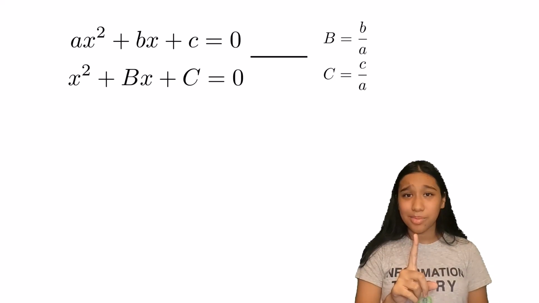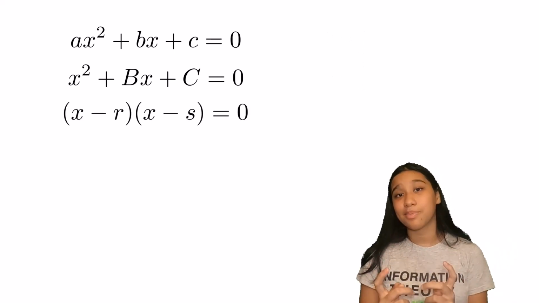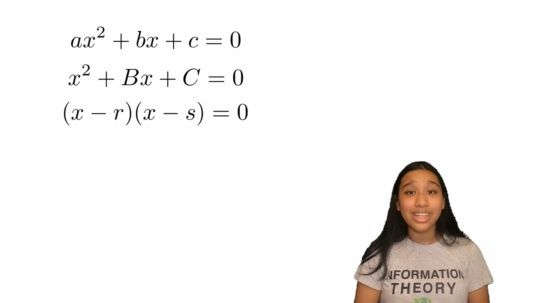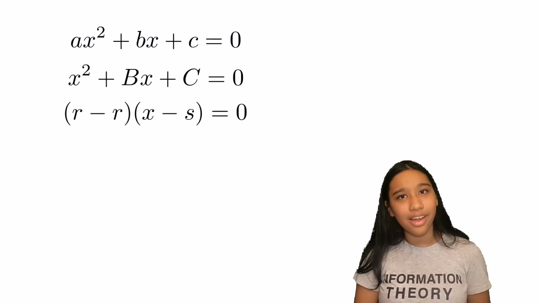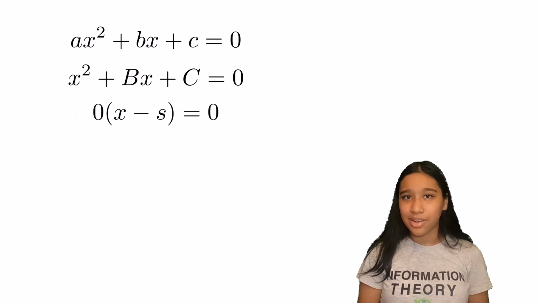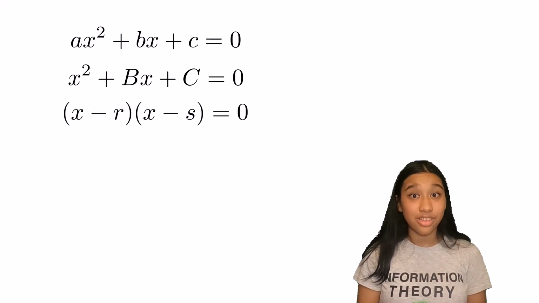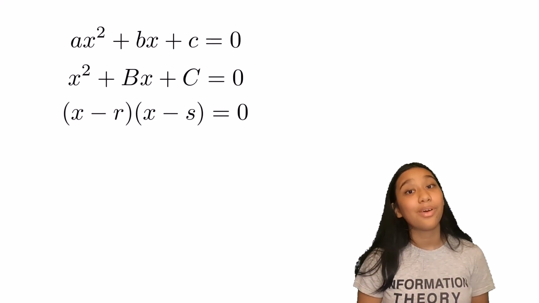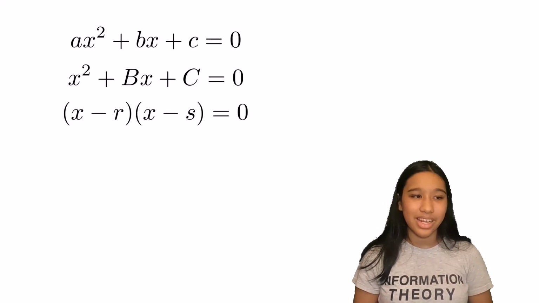The first thing I want to explain is that every quadratic equation can be represented in the form x minus r times x minus s equals 0, where r and s are actually the solutions, and you can tell this because if x equals r, then x minus r equals 0, and anything times 0 equals 0. You can use the same logic for x equals s, hence r and s are our solutions. Now you can show that any quadratic equation can be represented in this form by merely multiplying it out.